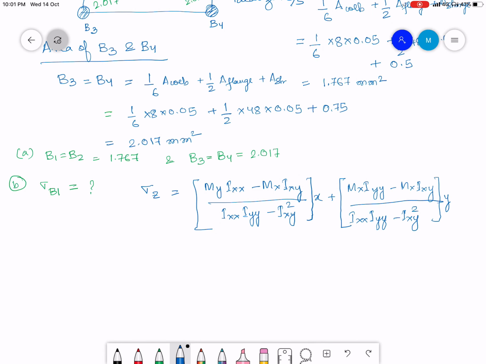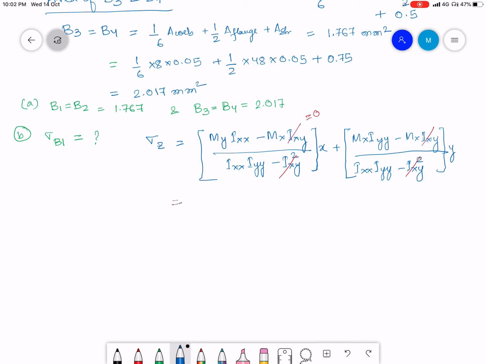Out of this, my Ixy is equal to 0, so this simplifies to Mx by Iyy into x plus My into y by Ixx.